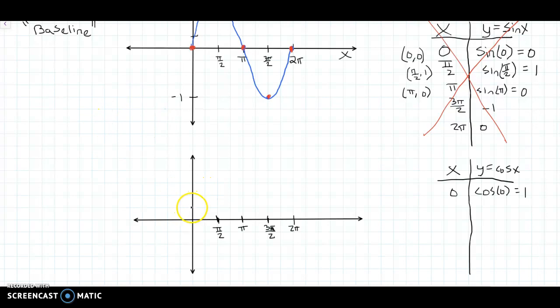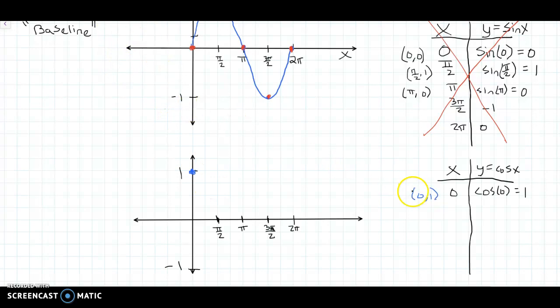And let's not forget 1, 2, 3, 4: go up and we'll call that 1. 1, 2, 3, 4: go down here and call that -1. Now let's place our very first point, which comes from the ordered pair (0, 1).